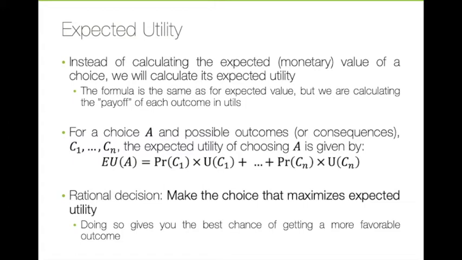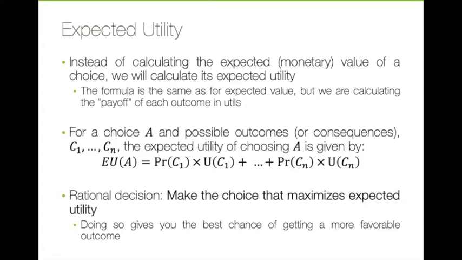So again, if you compare this formula to the formula for expected value, you'll see that the only change is that we're talking about the utility of outcomes associated with a choice instead of the expected value of those outcomes. And again, the benefit of this calculation, this formula, instead of what we've looked at before, is that utility allows us to take into account all the preferences that might impact our decision.